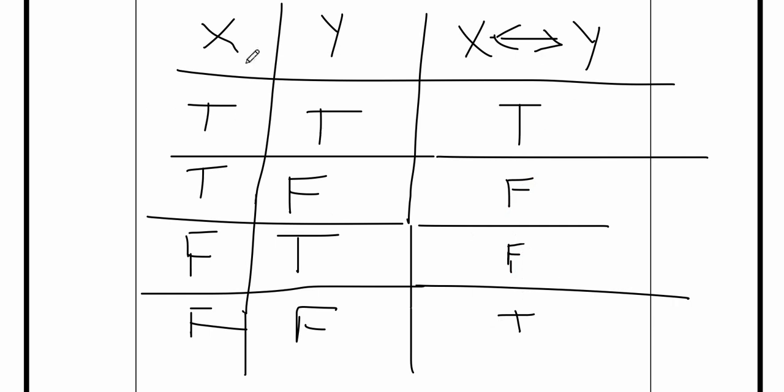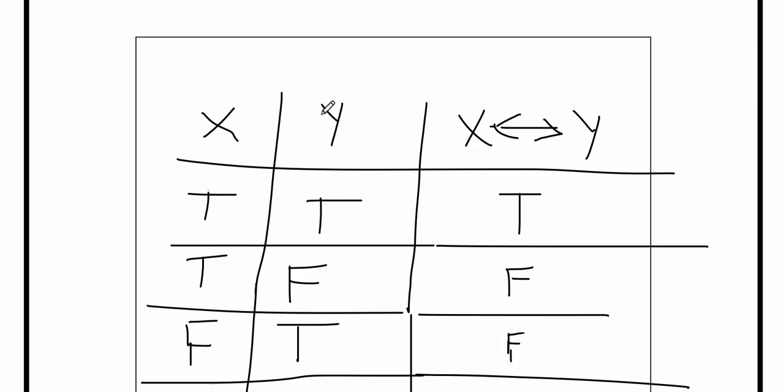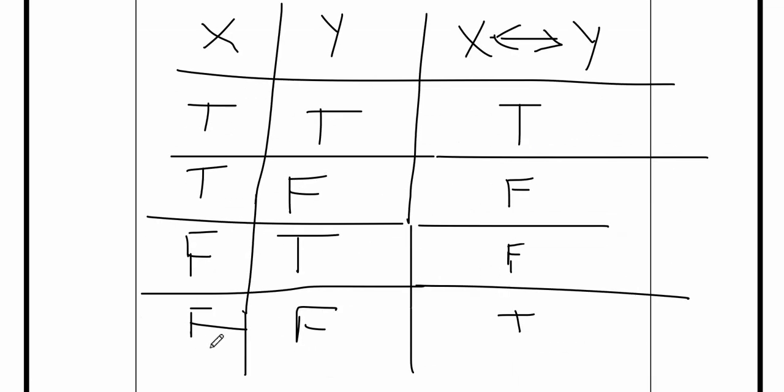If both premises are true, then the conclusion is true. If any one of them is false, then the conclusion is false. But if both are false, then also it is true. So the thing to remember is, if both are false, then it is true. Now just to recap, in the implication proposition, what was the truth value for implication? If I create one more column here, x implies y, what was the result?